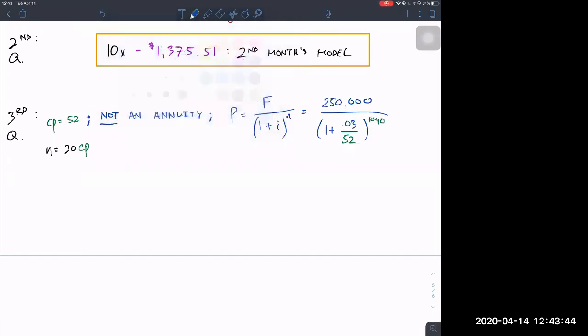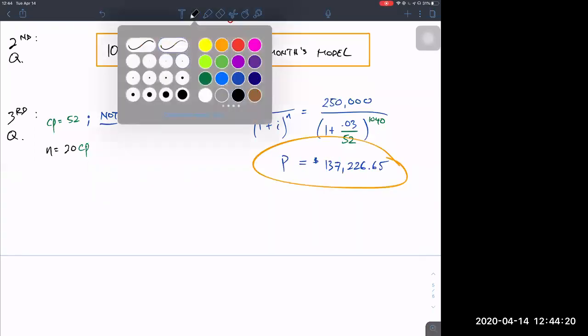I don't have this answer written out, so let me get it for you. 250,000 divided by (1 plus 0.03 divided by 52) raised to the 1040. All right, so this is going to be $137,226.65.